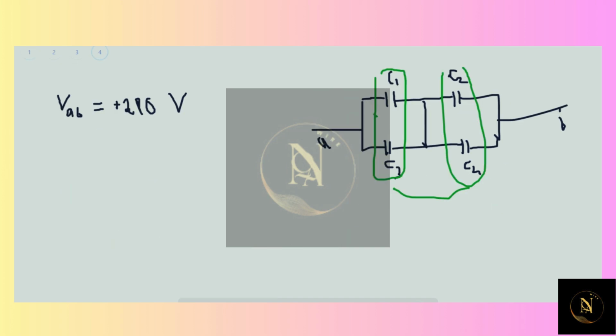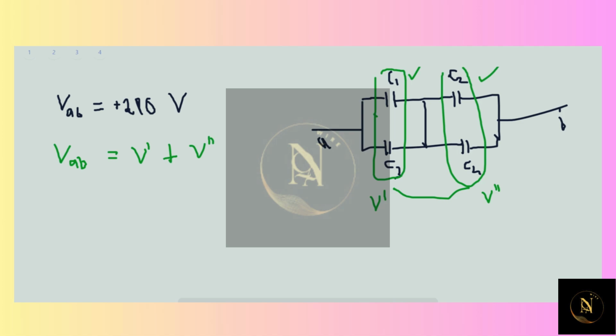Since these two combinations have the same set of capacitors, 3 and 6, by symmetry we can see that if the total voltage VAB is 210 volts, this voltage gets divided into two. So we have V prime and V double prime. V prime is the voltage across this branch, and V double prime is the voltage across this branch.